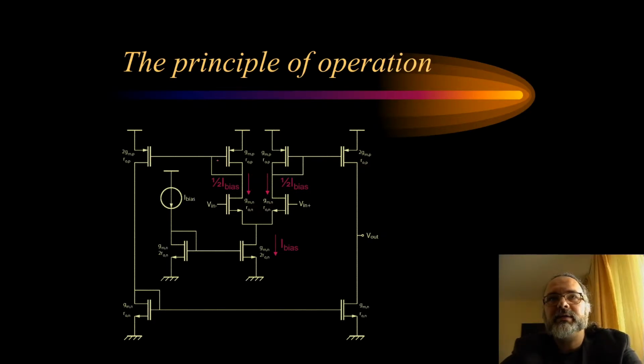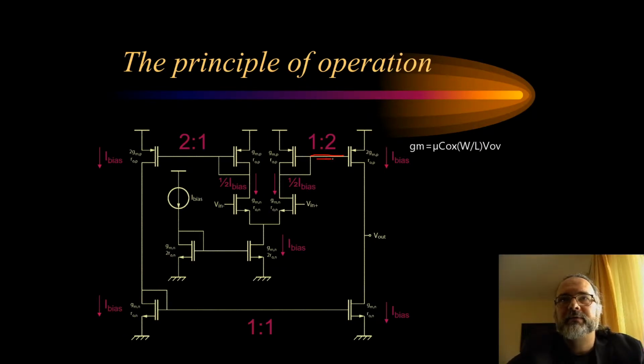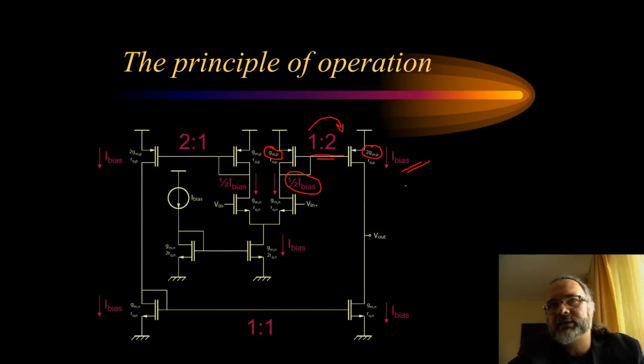Then this current will go into these current mirrors, which have ratios of 1 to 2, and this can be seen from here, from these GMs. And then this means that this current will be copied into the output with a ratio 1 to 2. So here we will see actually the bias current.